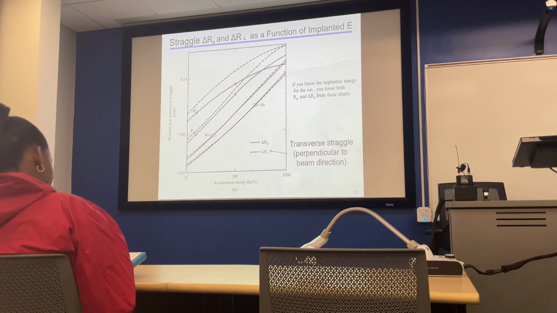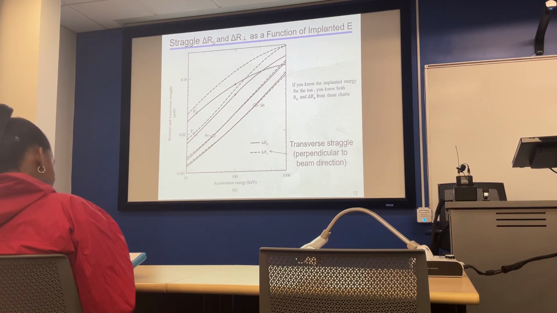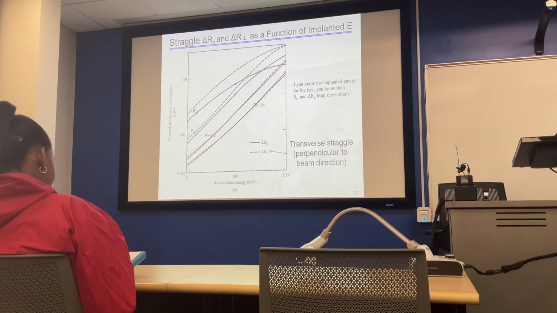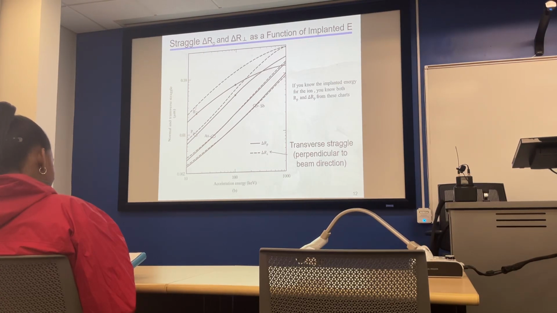Okay, what do I do with this energy? Actually, energy is your friend here. Once you know the energy, if you do this in Athena, it has already got these curves there. So all you need to say in Athena is implant, your energy and the dose, and it does the whole thing.